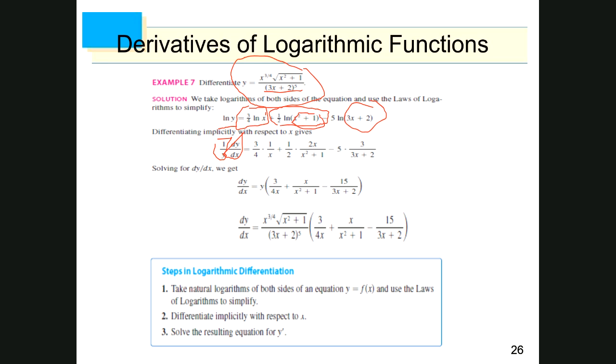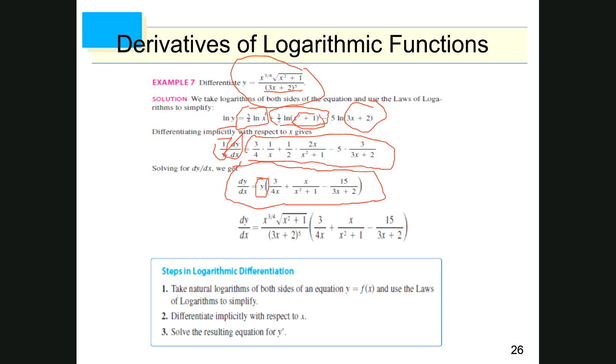You say dy dx. The right-hand side, you differentiate. And take note here, if you make dy dx the subject, this y comes here. Surprisingly, 70% of the class always stopped here. I don't know why they stopped there. It's like they like giving me y in the final answer.